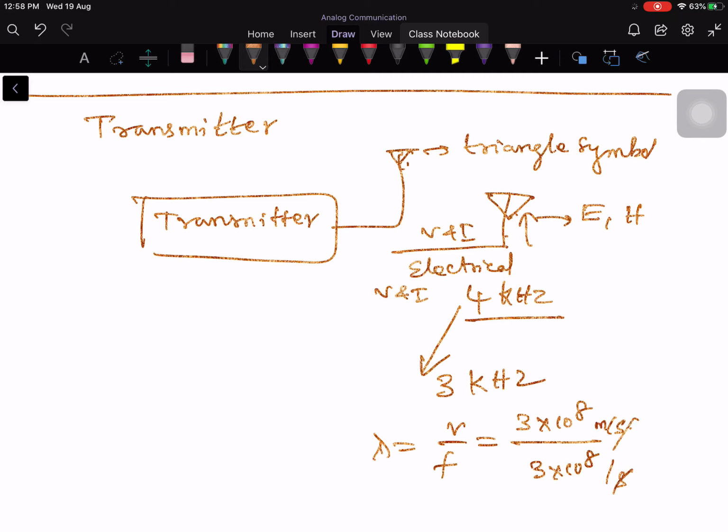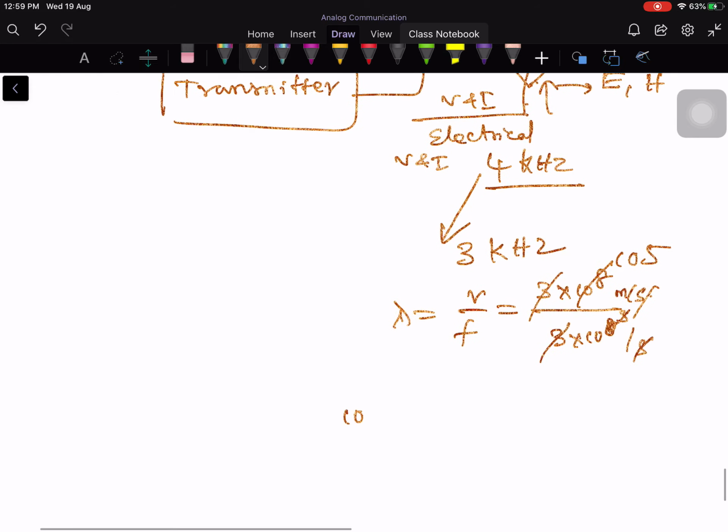Hertz is number of cycles per second, so the seconds cancel. Then the 3 will get cancelled, and it is 10 to the power 5 meters.